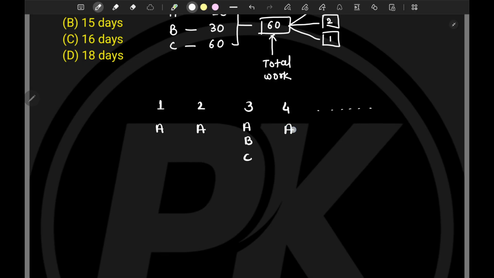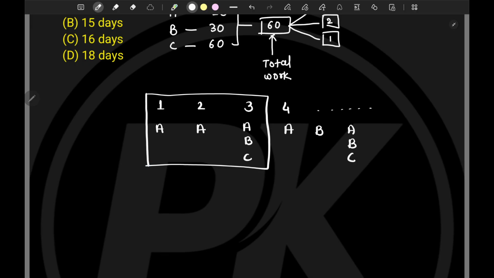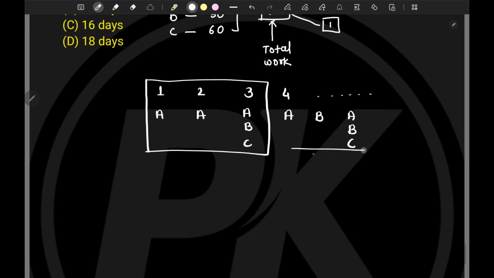Again on the fourth day A works, on the fifth day A works, on the sixth day A, B, C are working. Now just try to make a cycle here. Can you see a cycle? It is a cycle of 3 days, and it keeps repeating the same way. So we call this a cycle.